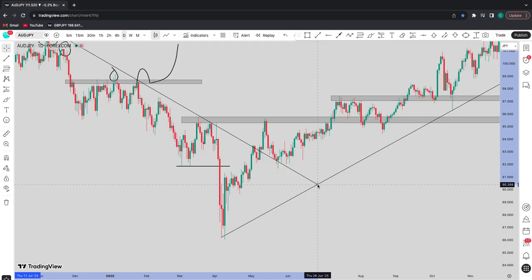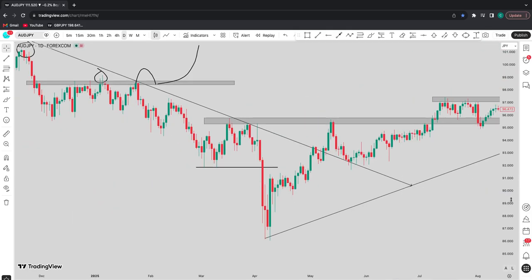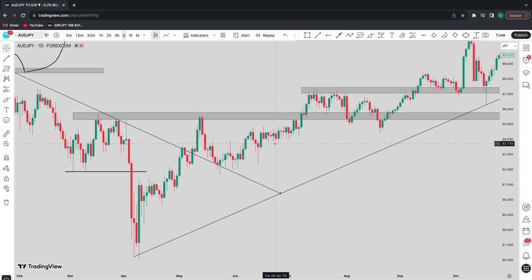Let's adjust this trend line because that one is no longer important to us. Mind you, if you want to know how I personally draw my support and resistance level and trend line, I already made a video on how to properly draw a trend line, how to identify market structure, and how to plot out your support and resistance.